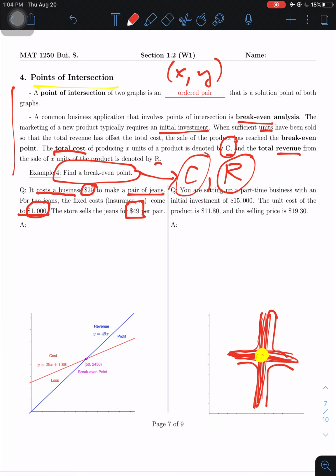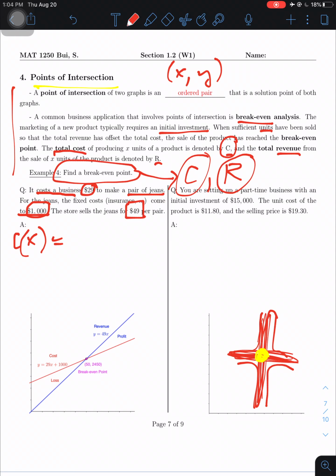Okay, so for the cost equation, let me write C in here for cost. In my experience, every time you see the word per, it means that number should be attached to an x. And if you see fixed cost, usually that's a free number. So 29 here is, it costs you $29 to make a pair of jeans, right?